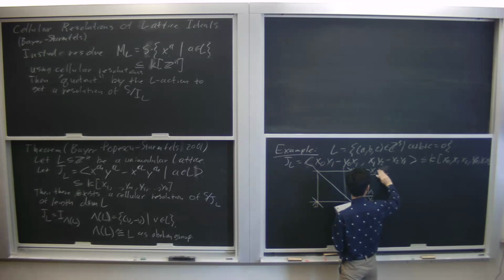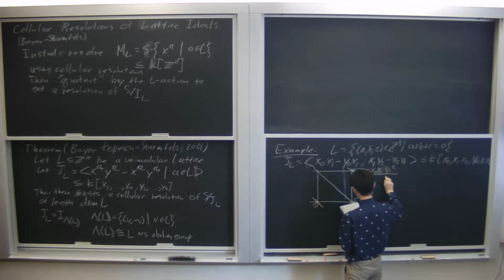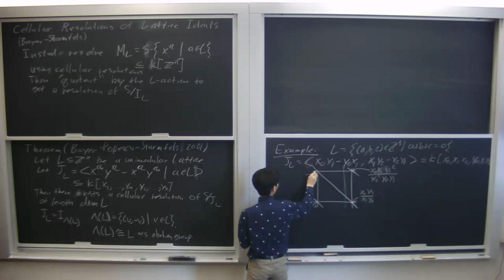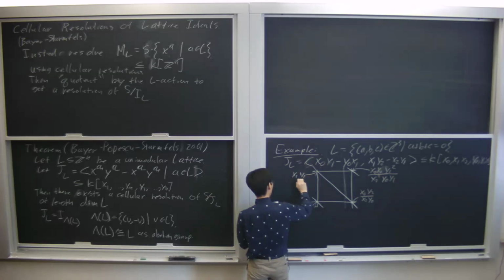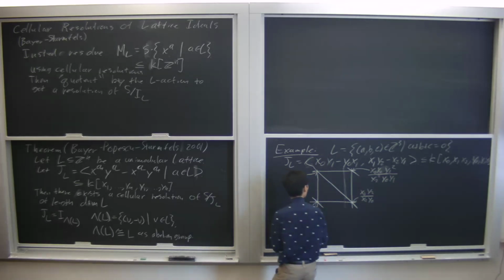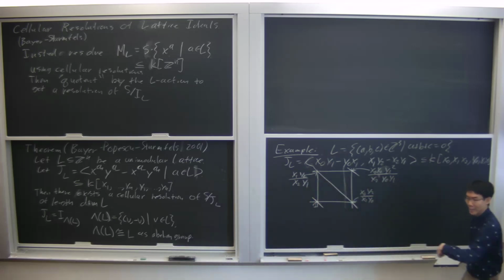Oh, that's fine. x0, x1, y2 squared over x2 squared, y0, y1. And then this point will get a label of x1, y1 over, no, that's a y2, sorry, y2 over x2, y1. Okay. And then the remaining labels are by LCMs.